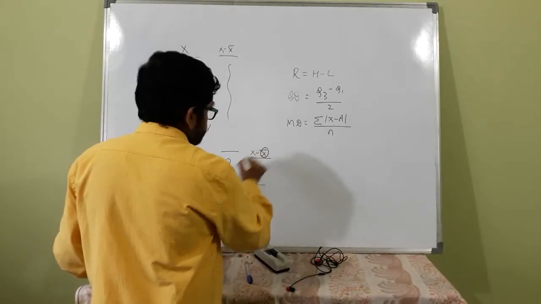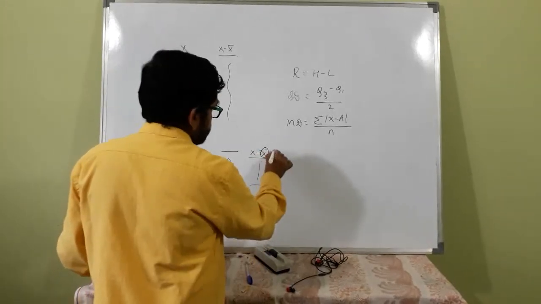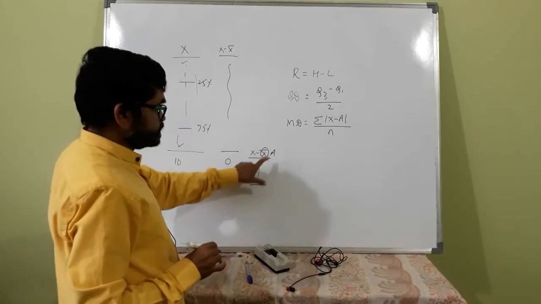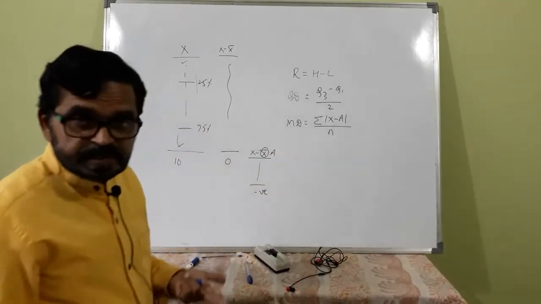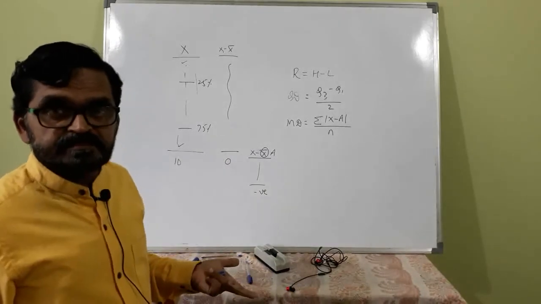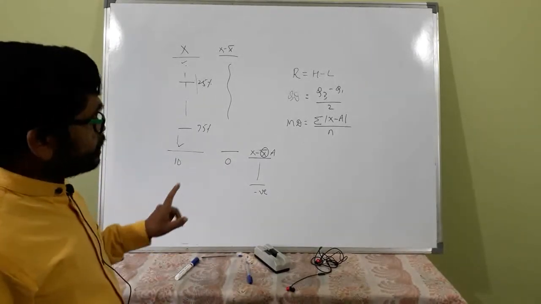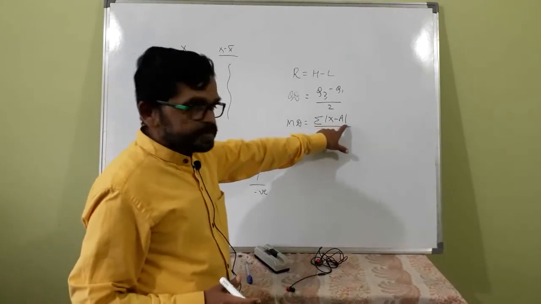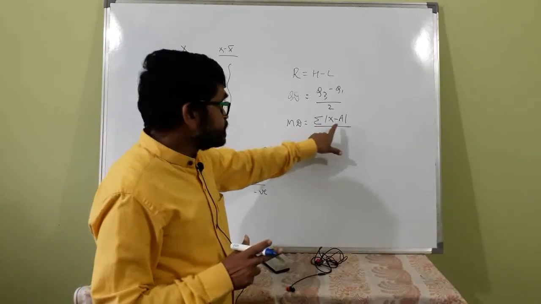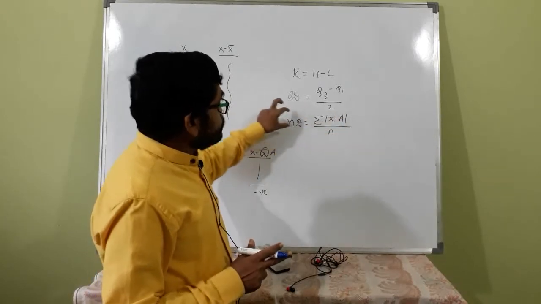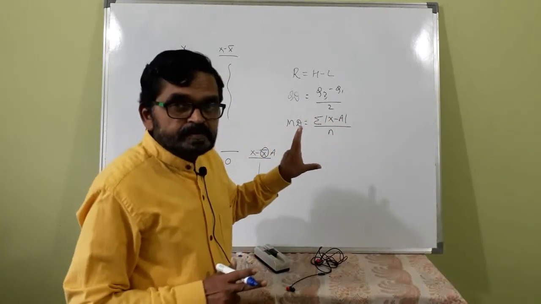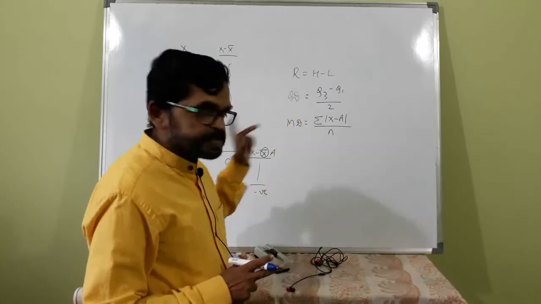If you consider some a other than x bar, x minus a may be negative for some values. But negative variation is meaningless. So in order to avoid that, we considered the absolute value here. The reason for considering absolute value is to make it non-negative, to make it positive.